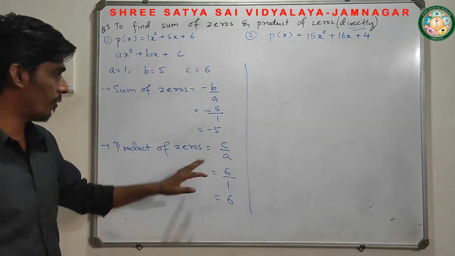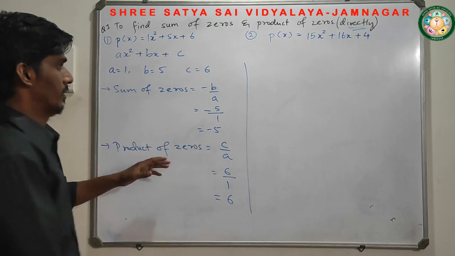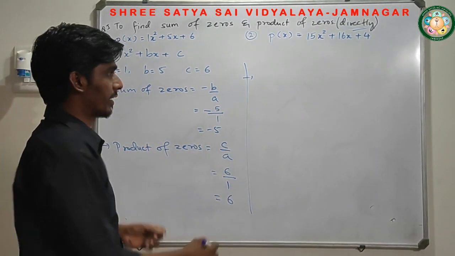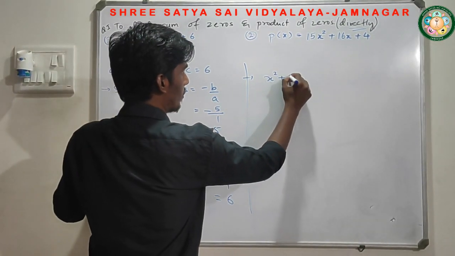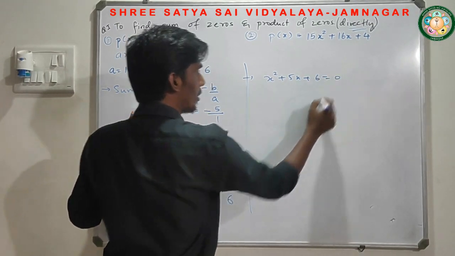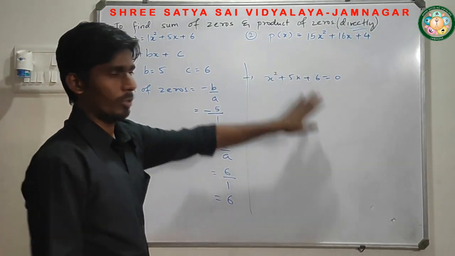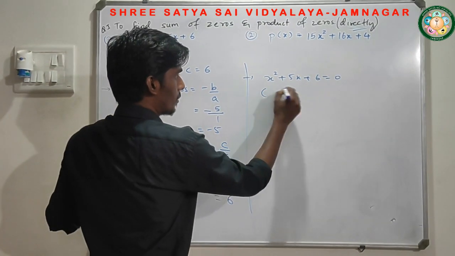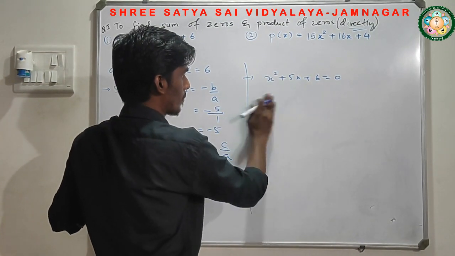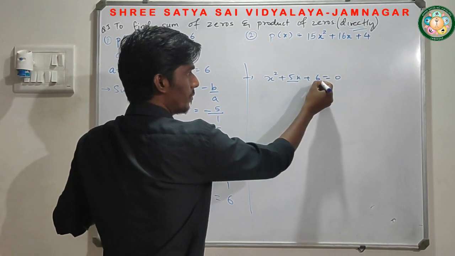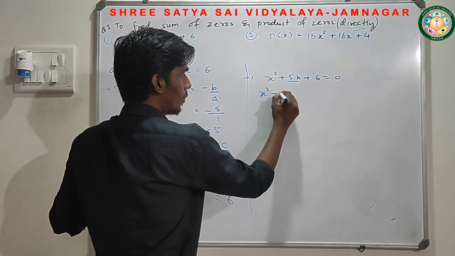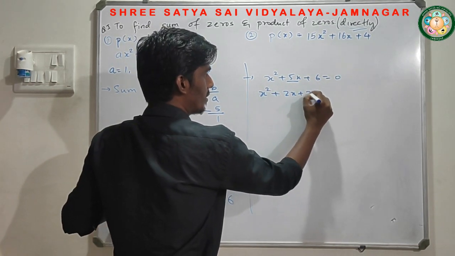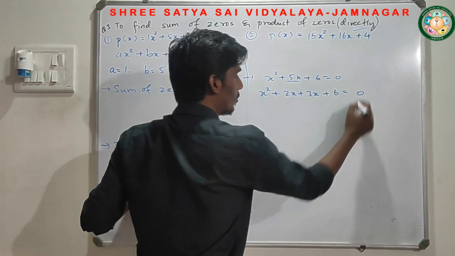If you want to verify how we got this, let's do the previous method again. x square plus 5x plus 6 equals 0. Let's find the zeros. This is not part of the solution, we are just verifying. Split this middle term: x square plus 2x plus 3x plus 6 equals 0.